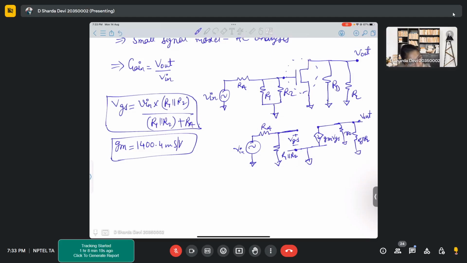We take the KCL across the output voltage, the current leaving from the output node. So let's write KCL at V out.